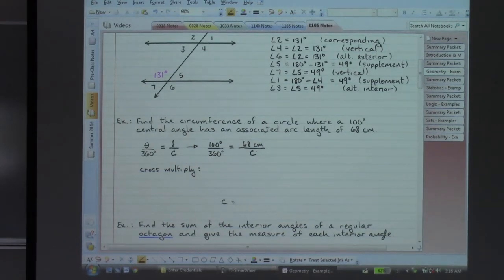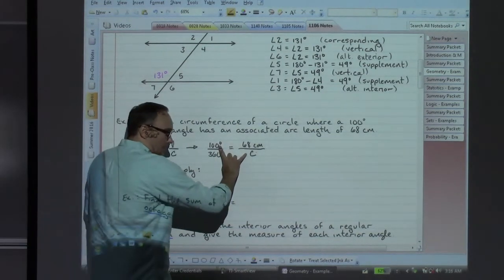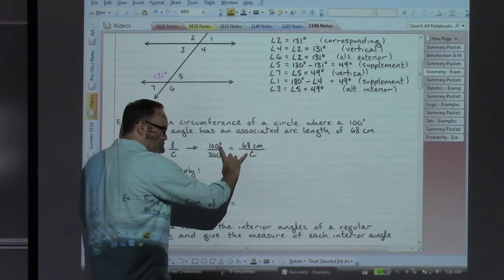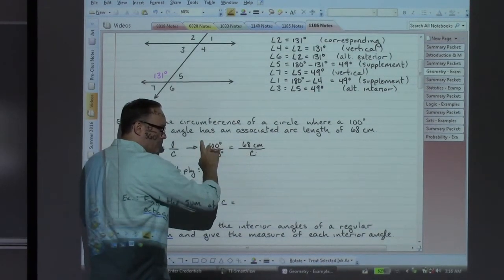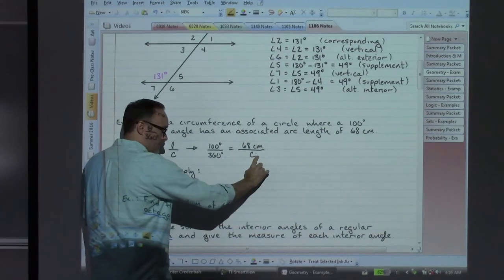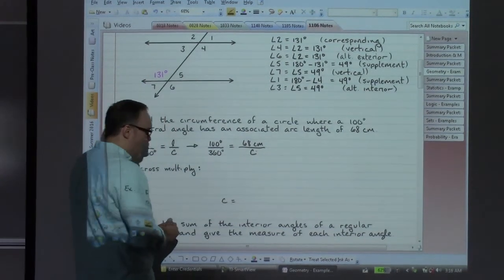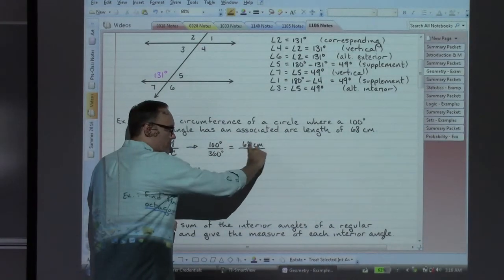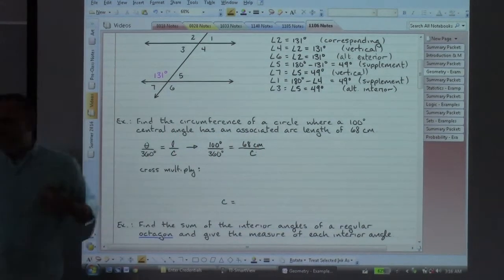In order to solve for the circumference, we're going to want to cross multiply to get started so that we can, in a moment, gain access to the C for circumference. So cross multiply, we're going to take the 100 times the C, and then the other half of that cross shape is the 360 times the 68.